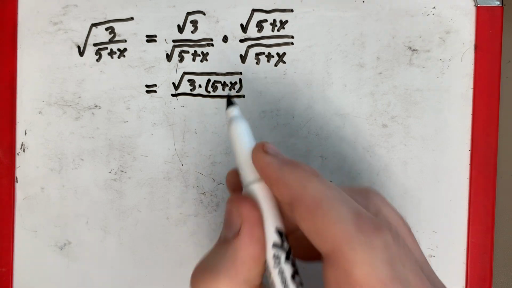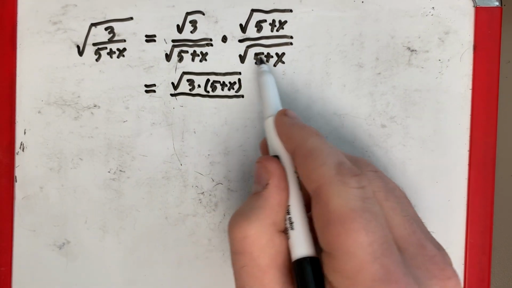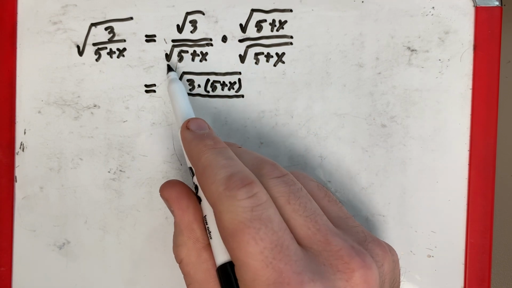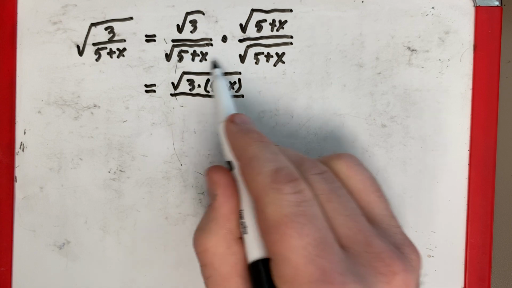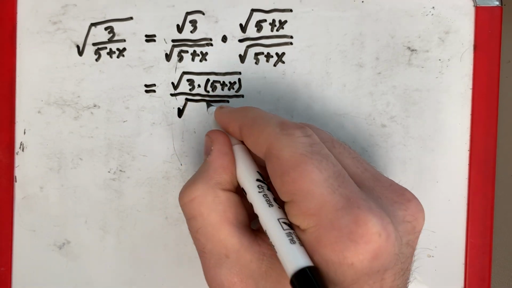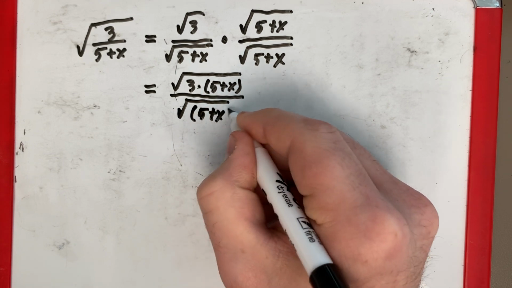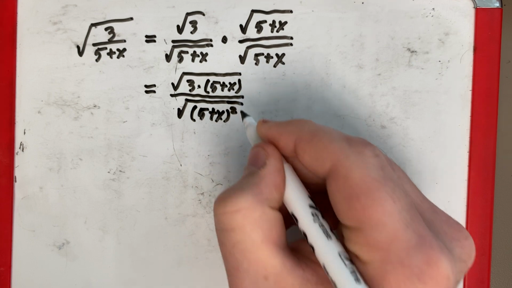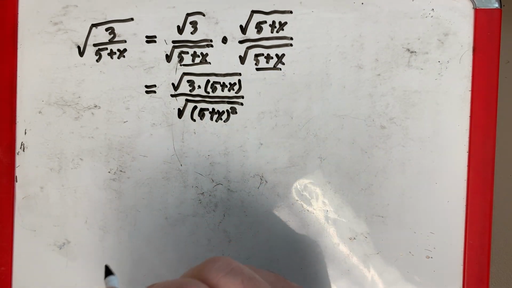We're going to use the same train of thought for the bottom radicals. We're multiplying straight across the bottom. I have the same power on this radical, the square root, so these two things get multiplied together. So this gives me the square root of 5 plus x squared, because I'm multiplying this and this together inside the radical.